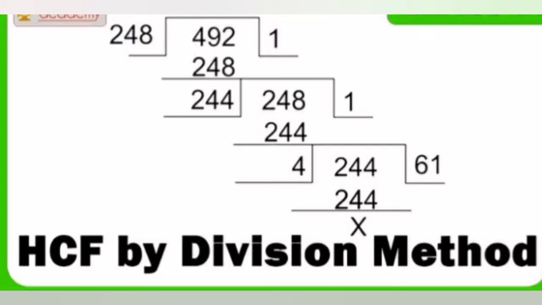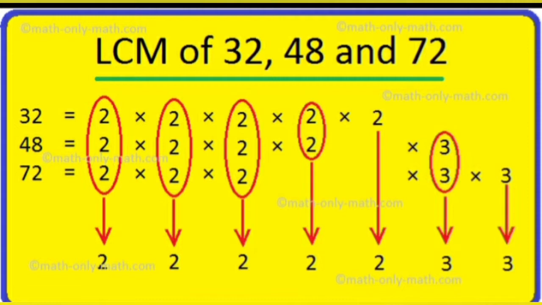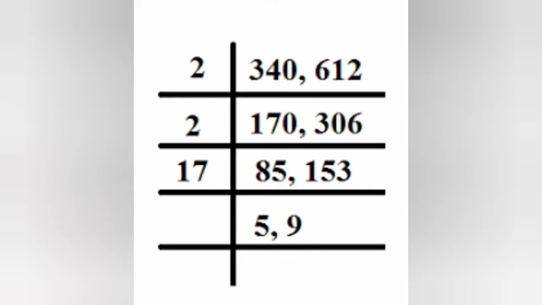Okay. Last class we learned the long division method for finding the HCF, isn't it? Today we are going to study about lowest common multiples, that is LCM. Prime factorization method and common division method were for finding the HCF.